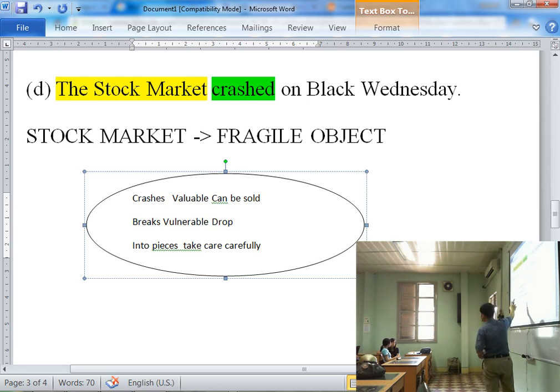So now, can you make sentences with stock market using concepts from this domain of a fragile object? You can make some, right? The one above B1. Be creative. You can say, China stock markets were broken into pieces.